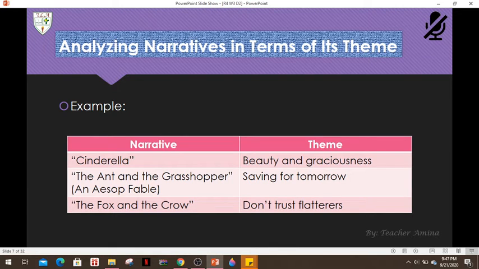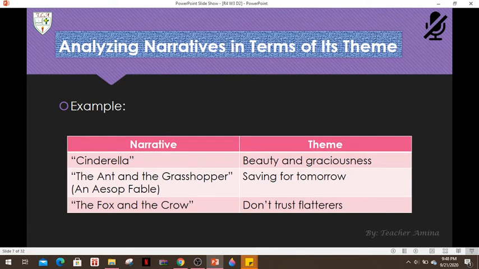In the end, the storm came, and he was all wet, and he was hungry, and he was cold. So he asked the ant for help. The lesson for this story is saving for tomorrow. You have to be prepared in times of disasters and in times of difficulties.